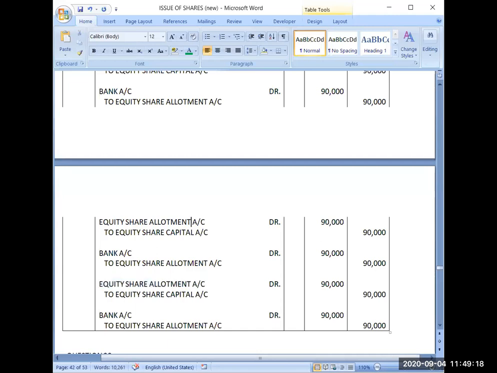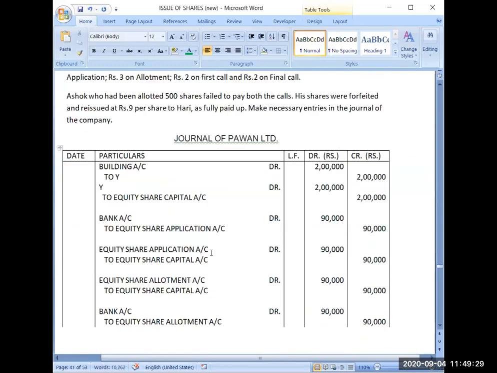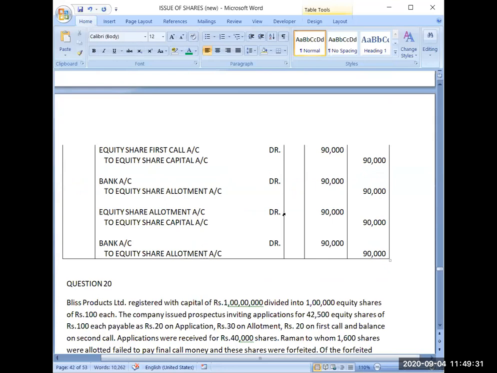So equity share first call account debit to equity share capital account, it is rupees 2 per share. So it will become 60,000. The amount due will be 60,000. And if suppose you receive all the amounts, the amount received would have been 60,000.